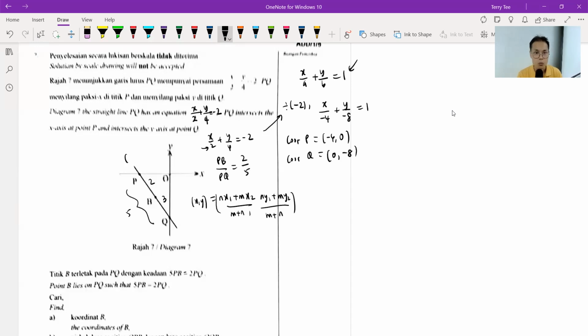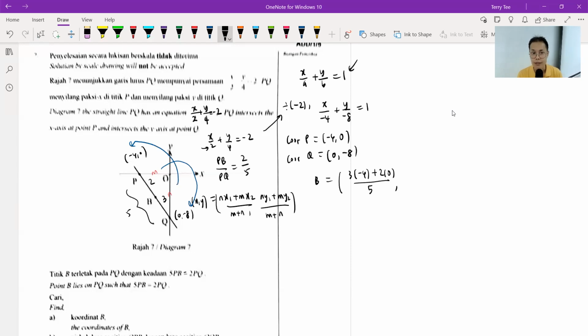Remember, when we use this formula, the most important thing is that your n and your x, your ratio and your coordinate must be opposite. For example, if I treat this as m, this is your n, your 3, you need to multiply with -4. Your 2, you need to multiply with 0. So the coordinate of point B will be 3 times -4 plus 2 times 0 divided by total ratio.